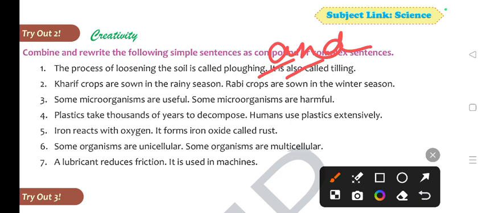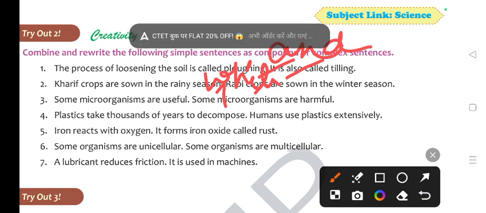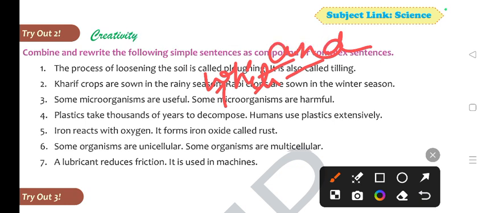Kharif crops are sown in the rainy season while you are adding another sentence. This is an example of subordinate conjunction. While you are adding here, this is an example of complex sentence.